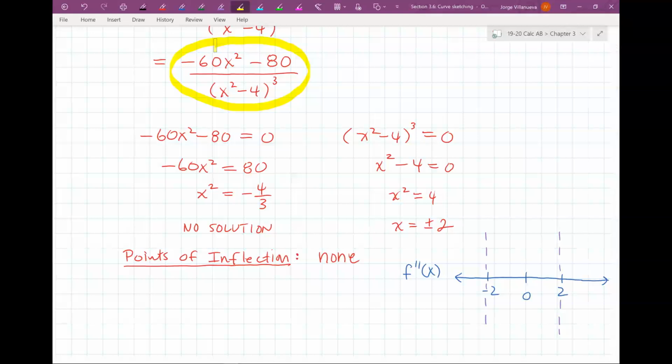So let's try a -3. If you guys don't mind, I'll just tell you what happens, that way we don't waste too much time. If you plug in a -3 into that equation, you end up with a negative answer. Okay? Now, if you plug in a -1, you end up with a positive answer.